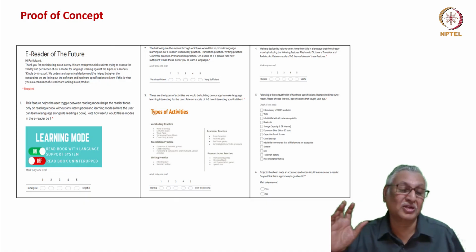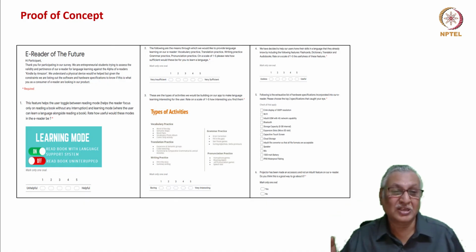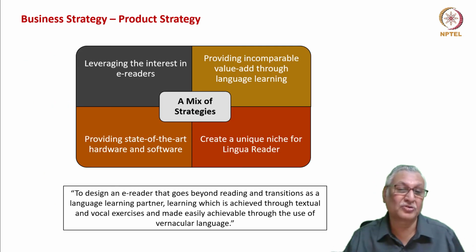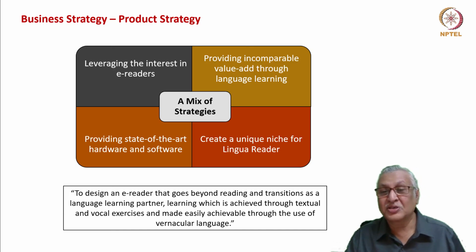This requires a very strong backend of experts to back the user in their drive to develop oneself. So the business strategy and product strategy are interlinked. Fundamentally, the business strategy is based on leveraging the interest in e-readers, but the product strategy aims at providing incomparable value add through language learning.